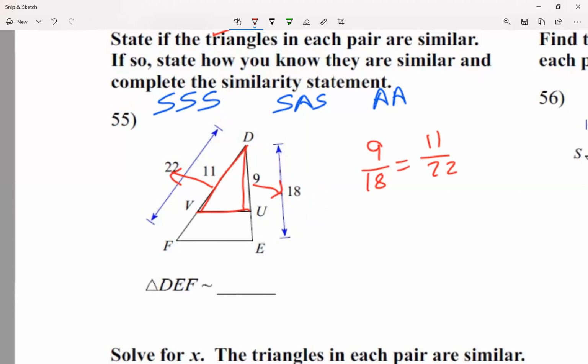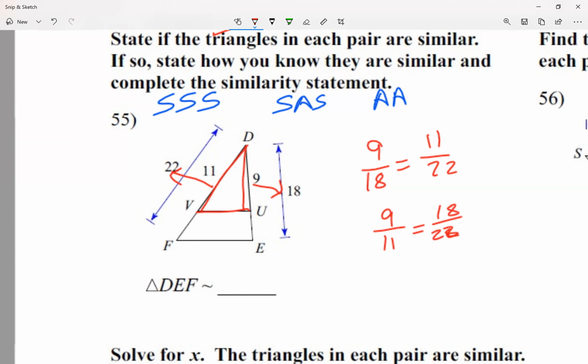Some of you guys might be wondering, Mr. Leon, how do I know if it's 9 and 11 on the top? Or what if I go 9 over 11 is equal to 18 over 22? What if I do the 9 and 11 as a fraction and then 18 and 22?